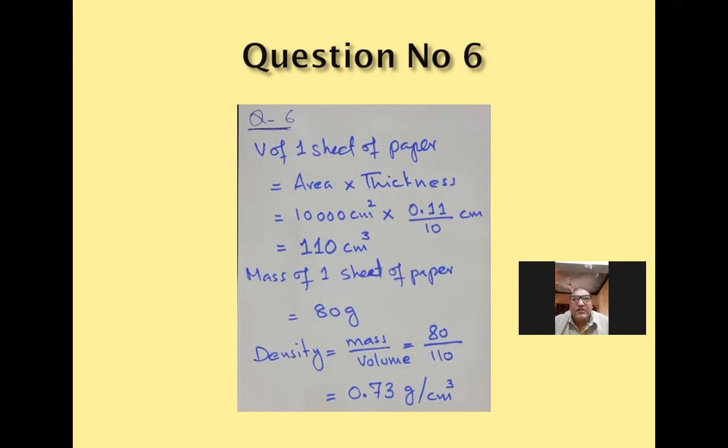I convert the millimeter into centimeter. So I will have the volume 110 centimeter cube. Mass of one sheet of paper is 80 gram. So the density will be equal to mass divided by volume, and it will be 80 divided by 110. So it will be 0.73 grams per centimeter cube.